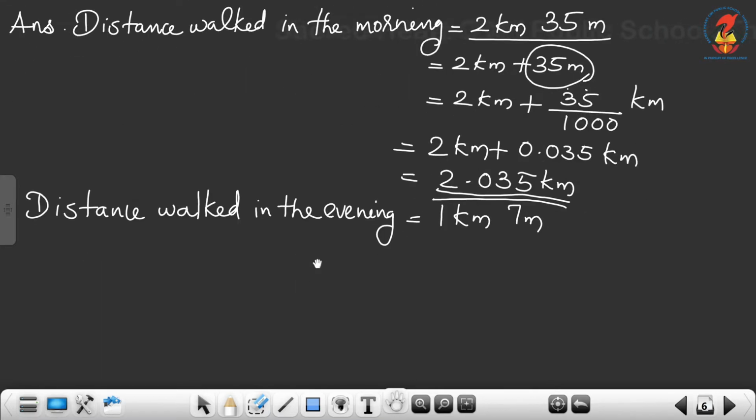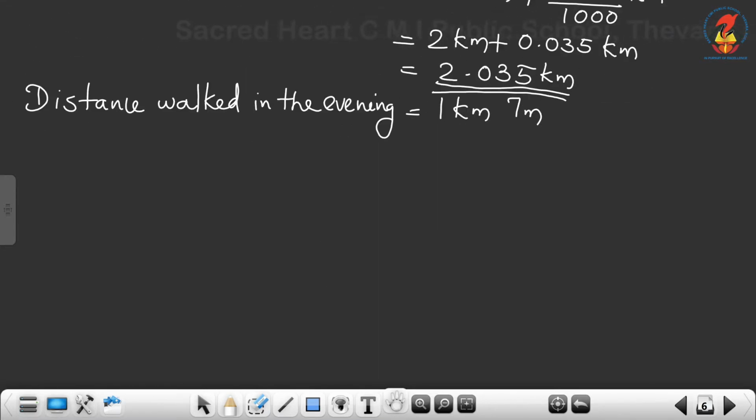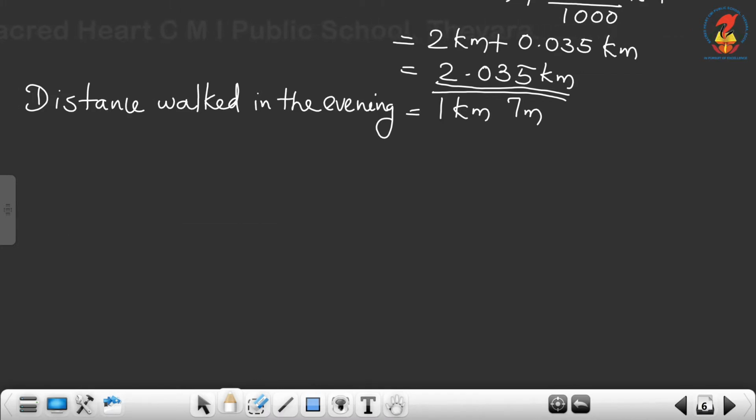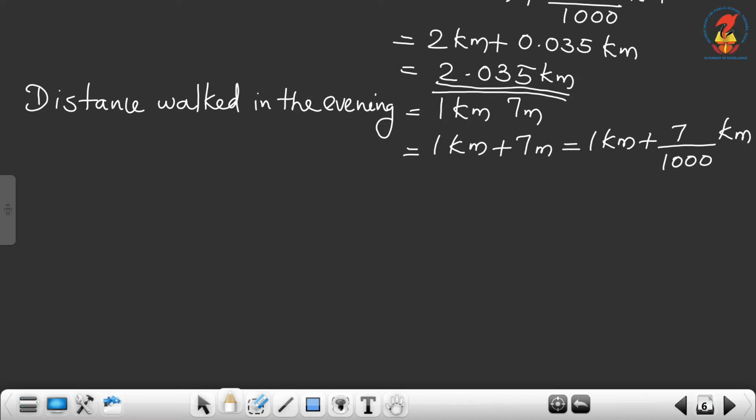This one also you have to convert. 1 km 7 meter means 1 km plus 7 meters. Then we can convert the 7 meters into kilometer, that is 1 km plus 7 by 1000. Then we will get the answer in kilometer.